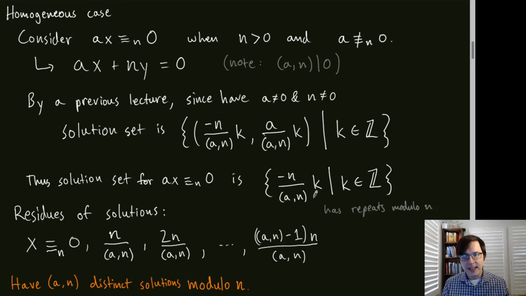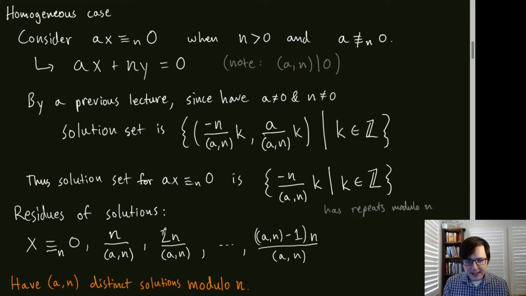But if we take it modulo n, all those infinite numbers are going to wrap around the clock, so to speak. And so what we want is a more efficient set of solutions, where every single solution to this equation is congruent to one of these numbers, and each of these numbers is congruent to exactly one of these numbers, and also each of these numbers is a solution to the equation.